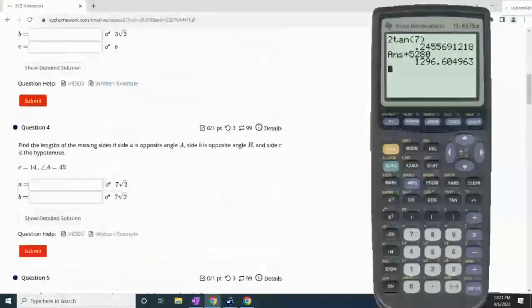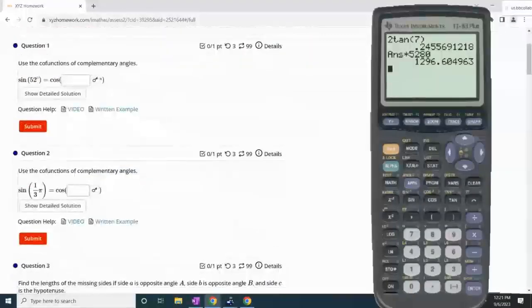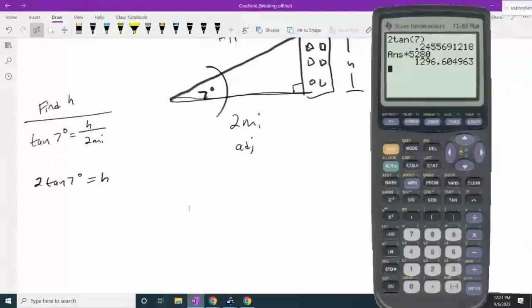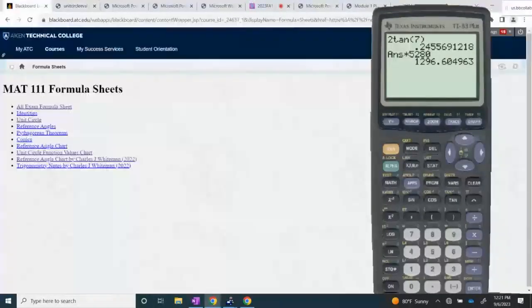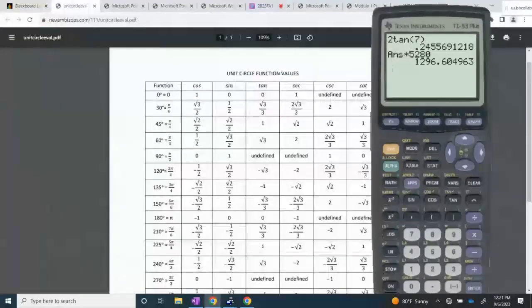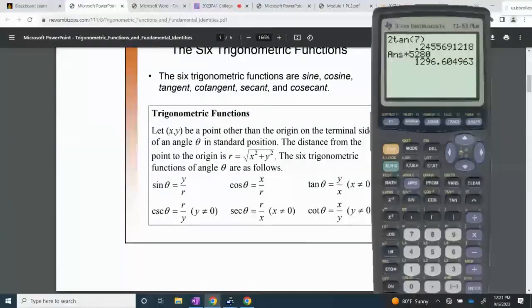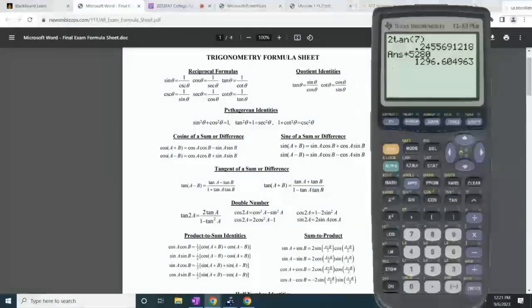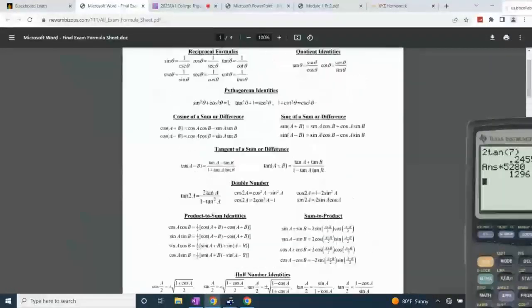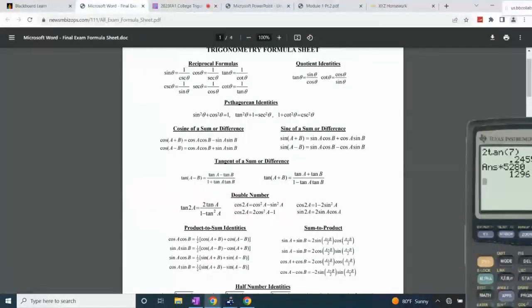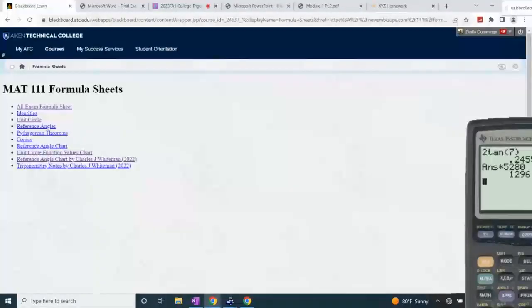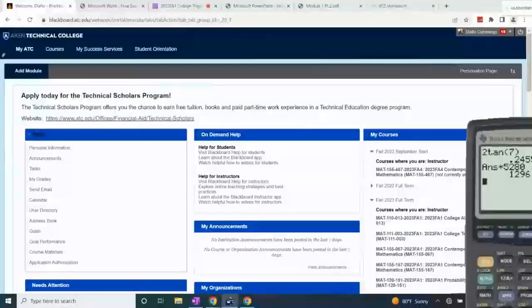All right, now there are a couple of problems at the start of it. Number 1 and number 2 tell you to find cofunctions. There are some formulas for that. Let me close those down. The cofunction formulas are not found on the formula sheet. The cofunction formulas are found in the lecture notes.